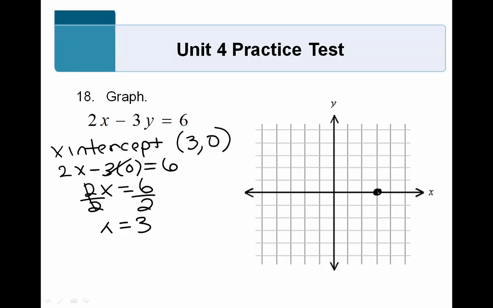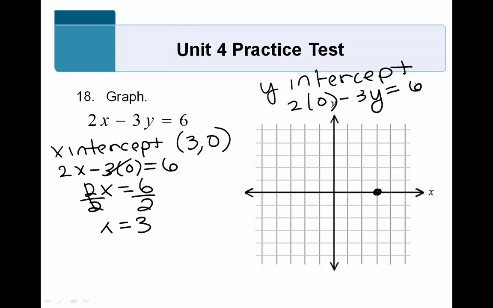And then your y-intercept, we'll plug 0 in for x. So we're going to have 2 times 0 minus 3y equals 6. 2 times 0 is 0. So we have negative 3y equals 6.